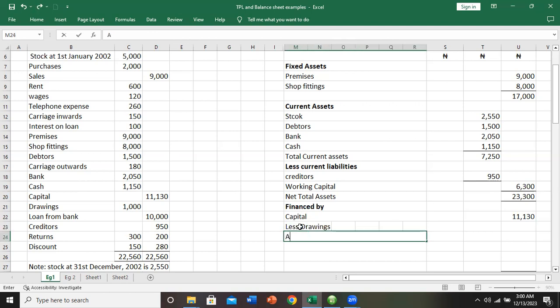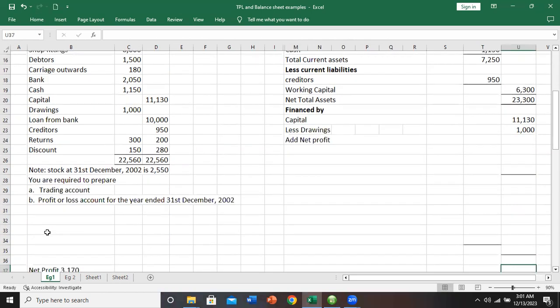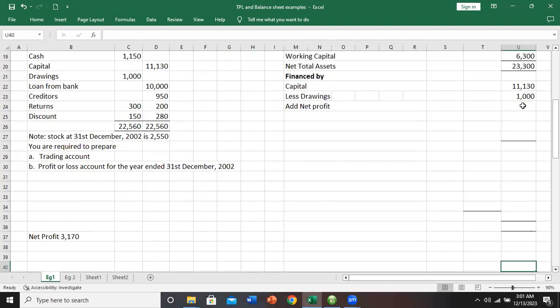And then we also add the net profit. So the drawings is in the question, drawings is 1,000. And what did we get for the net profit? We took note of that. 3,170. So let's add that together. So 11,130 minus 1,000 plus 3,170. You have 13,300.